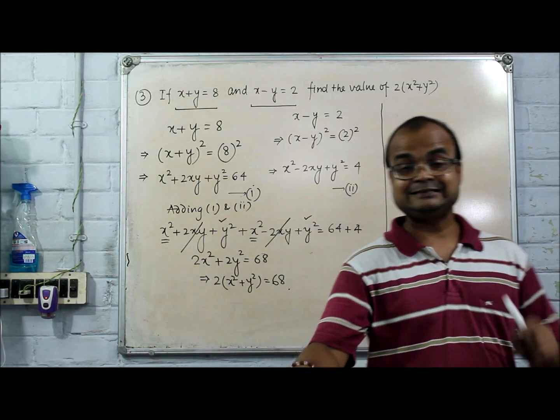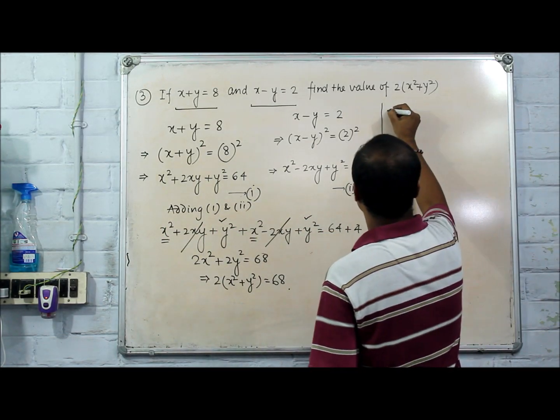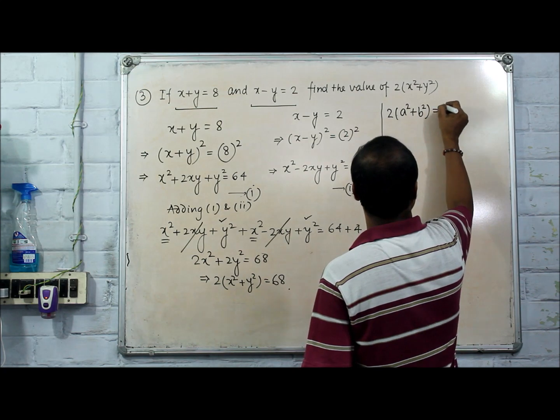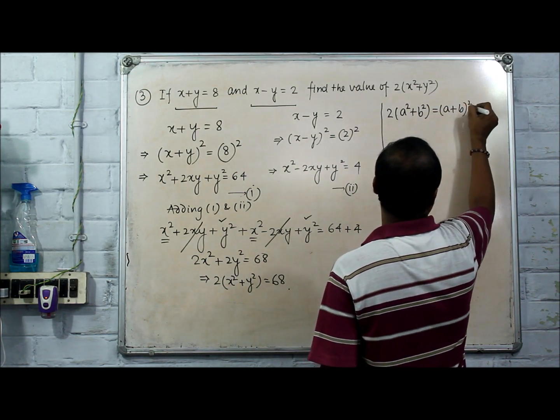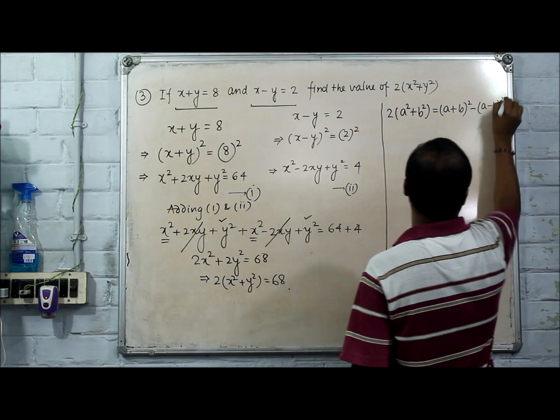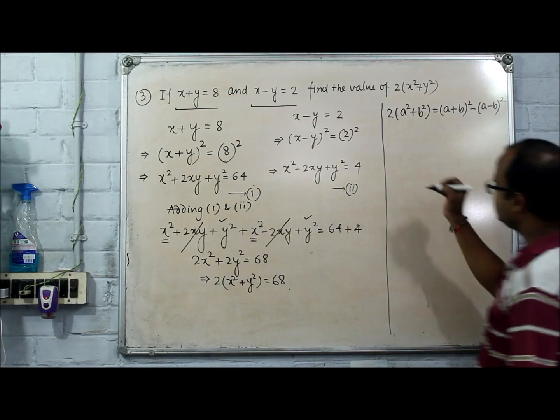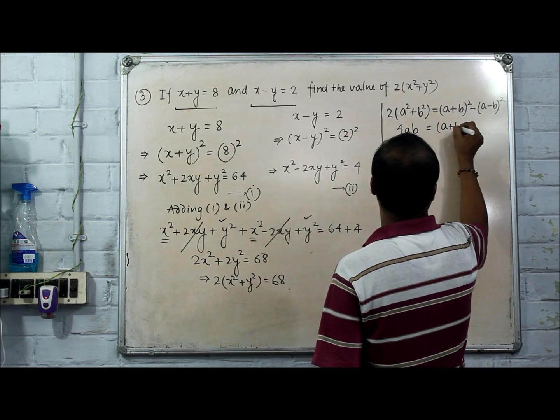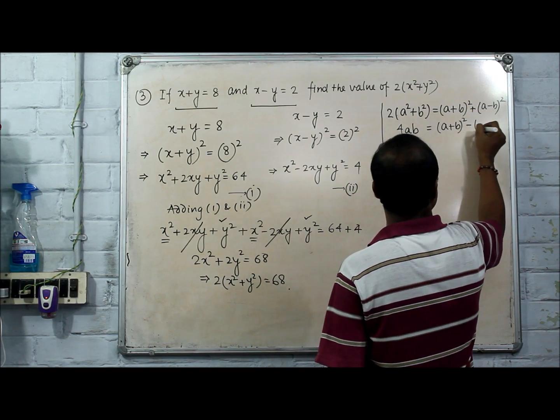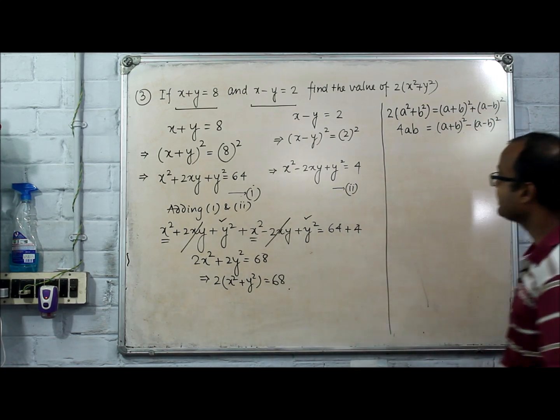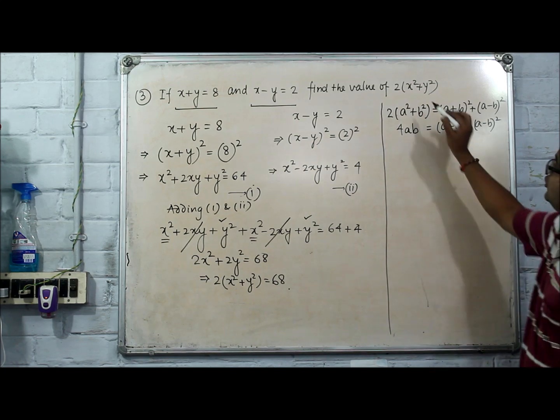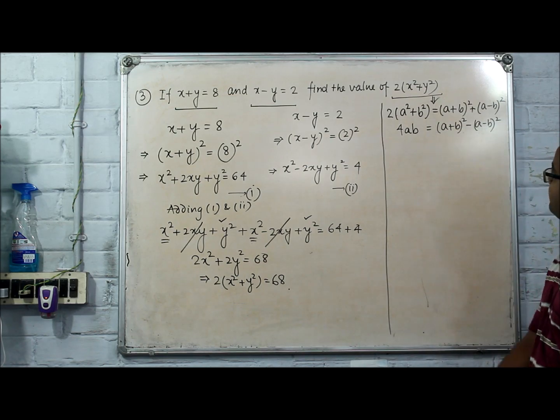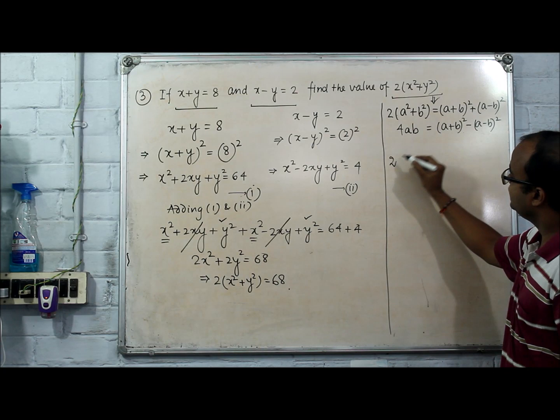Now, moving into the direct application, there are two formulas. One is 2 of a square plus b square is equal to a plus b square plus square of a minus b. This is the first formula. And the second formula is 4ab is equal to a plus b square minus a minus b square. So now look at the value we need to find; we are going to apply the first formula.